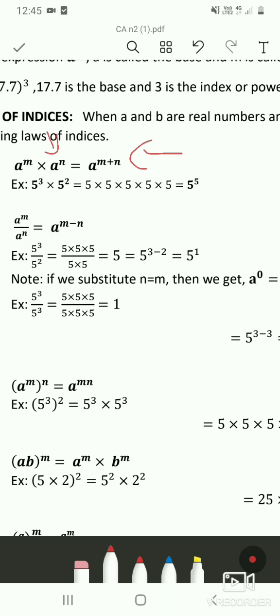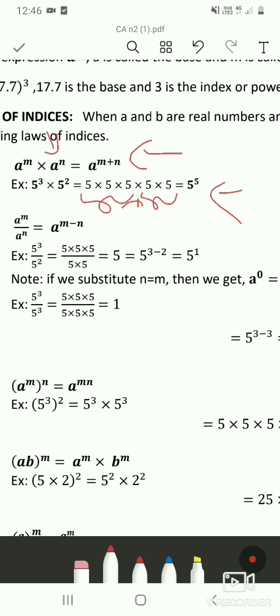Let's take an example: 5 power 3 multiplied by 5 power 2. You know that 5 cube you can write as 5 into 5 into 5, and there is a multiplication sign over here. Then 5 square is 5 into 5. How many 5s are there? There are five 5s. So you can write it as 5 into 5 into 5 into 5 into 5, that is 5 power 5.